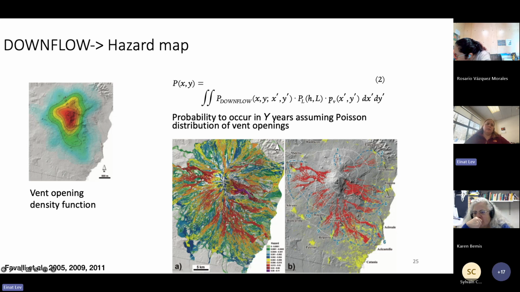That can tell you a more regional distribution of hazard for a region. I think this is Etna, probably. To do something like that, you need to run the model many, many times, which means you want a model that runs really, really fast. So something like Downflow, which doesn't solve any equation, just runs the path, is good for that.